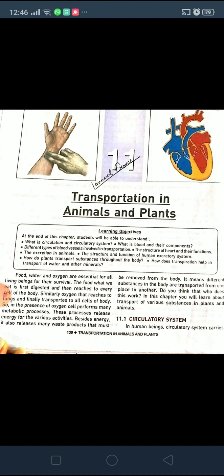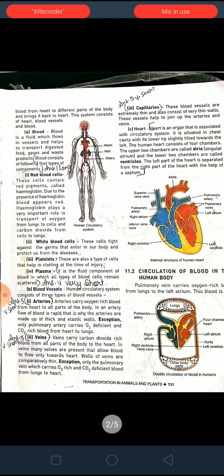First, I am telling you about the circulatory system. As you know, in human beings, the circulatory system carries blood from the heart to different parts of the body and brings it back to the heart. This system consists of the heart, blood vessels and blood.